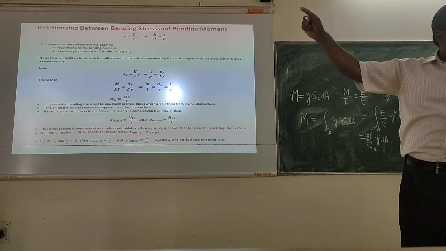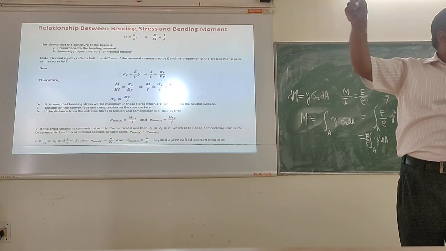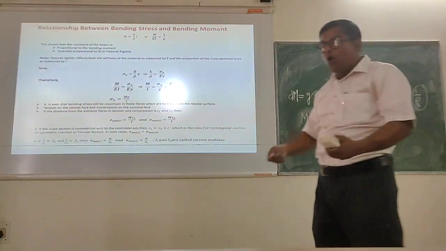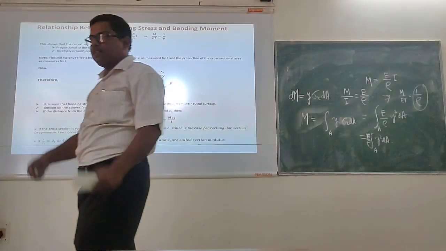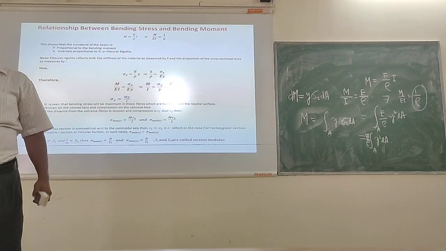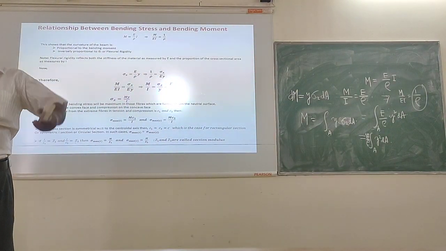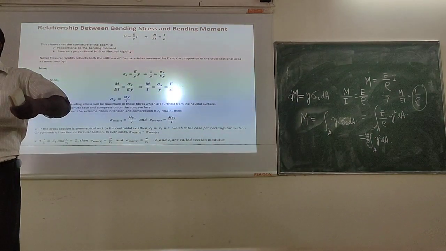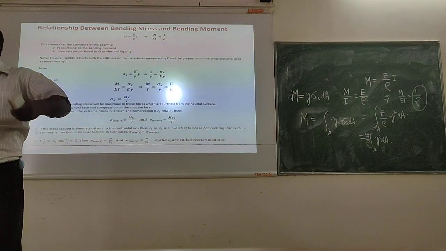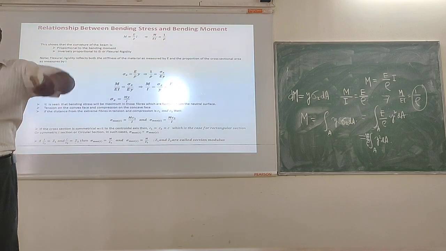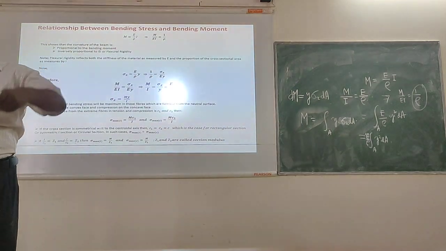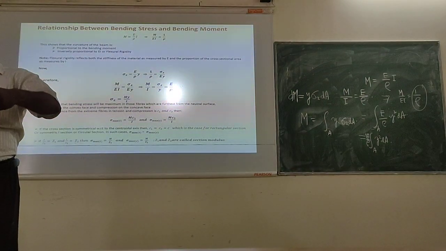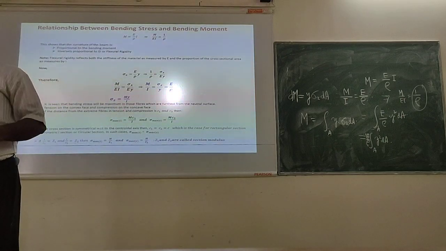The curvature of the beam is proportional to the bending moment, which means the more the bending moment, the more the curvature. If I take a 100 kN load, the bending will be more than if I give a 50 kN load, right? So more load, more bending, more curvature.